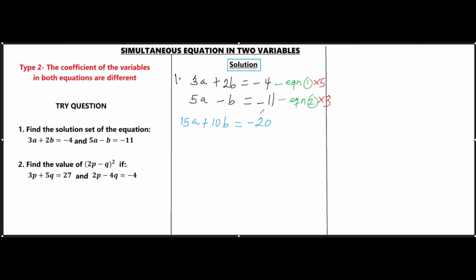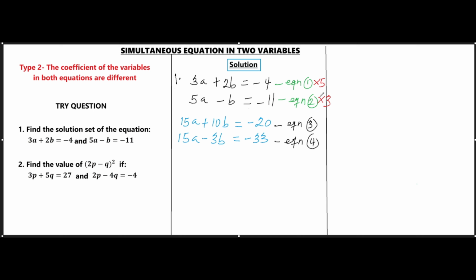And again, we have to multiply equation 2 by 3. So 5a times 3, we have 15a, minus b times 3, we have -3b, and then minus 11 times 3, we have -33. What do you see? We have a different set of equations. So I'm naming this as equation 3 and this as equation 4.